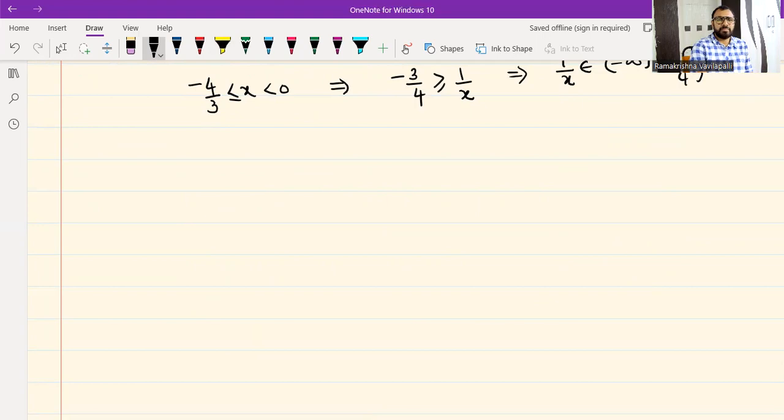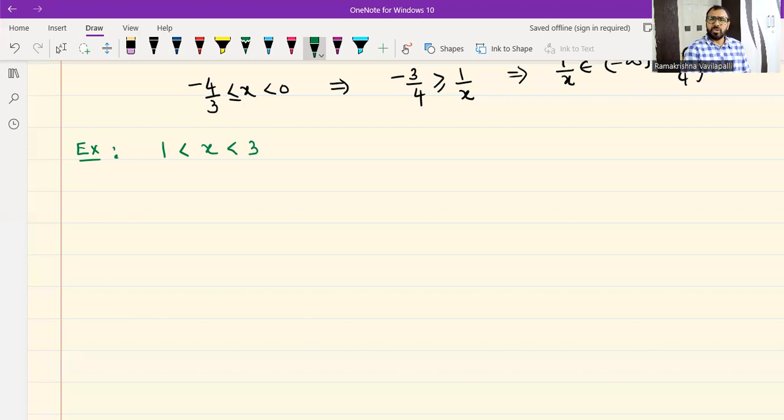For example, I'll take 1 less than x less than 3. Then what will happen to 1 by x?